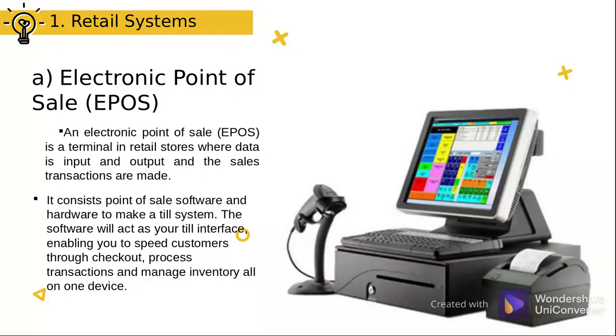With an EPOS system, a store owner or a shop owner or a retail store owner can process and track sales and other procedures much more easily. He can also get a better understanding of how his business performs with much ease.